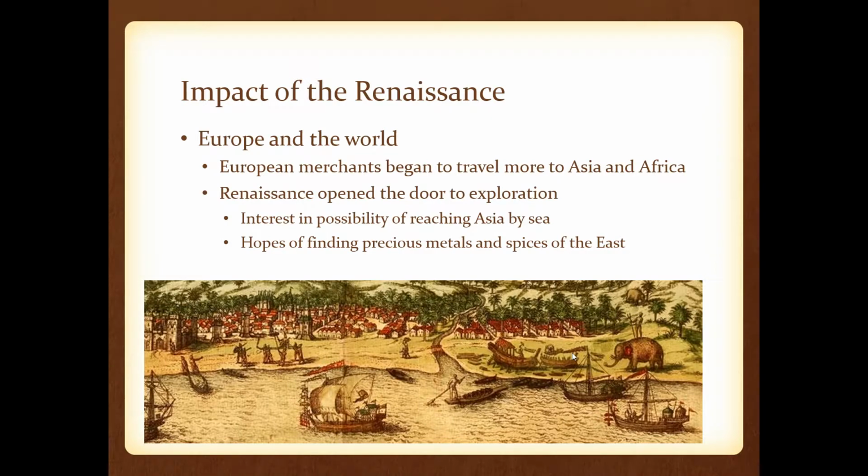They don't want to pay this middleman to give them these metals and spices of the East. They want to take it for themselves, and so they begin to look for ways of finding all of these precious metals, gold, diamonds, silver, etc., and all the spices in the East. And then there's also this genuine desire to convert the quote unquote heathens to Christianity.